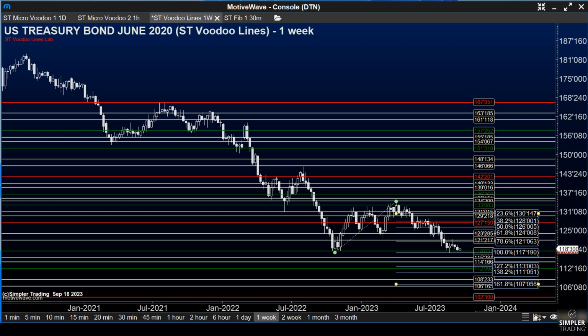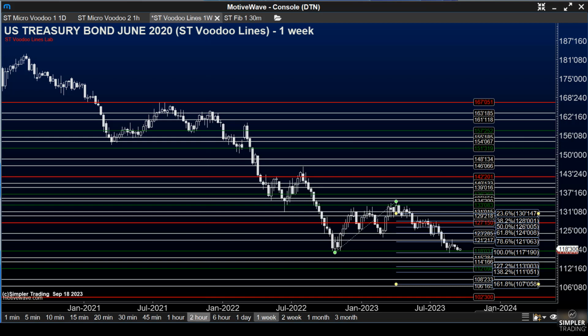And usually our target one on a continuation to a new low is going to be the 127.2% external retracement. Target two is going to be 161.8. But particularly in the case of that 127.2% level, it's just a few 30 seconds away from that roughly 112 tree line, and that gives us yet another reason to look towards that level.